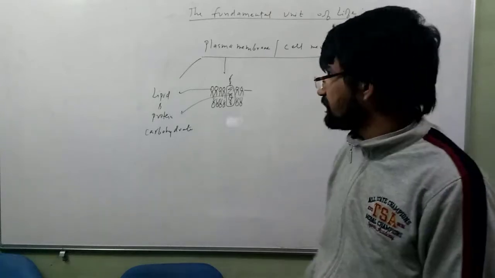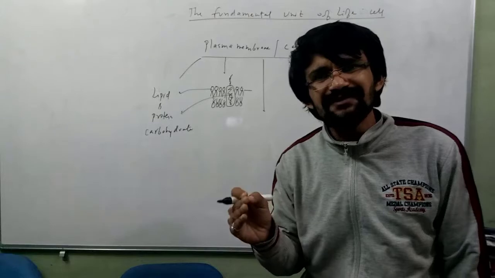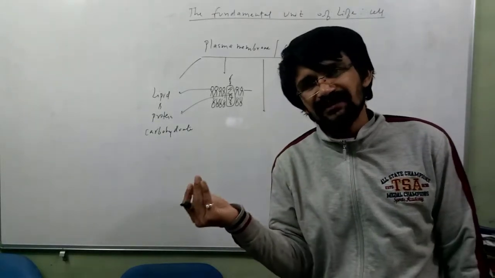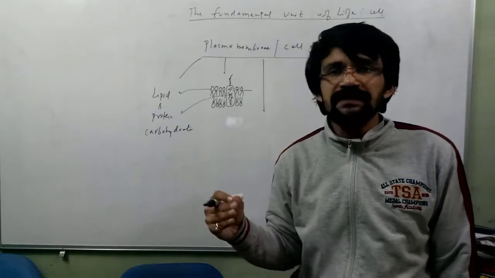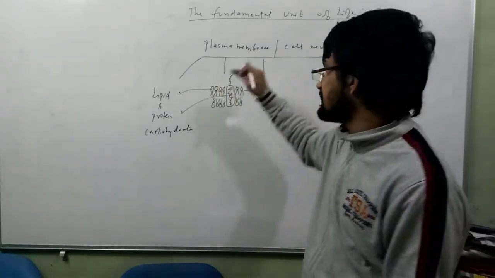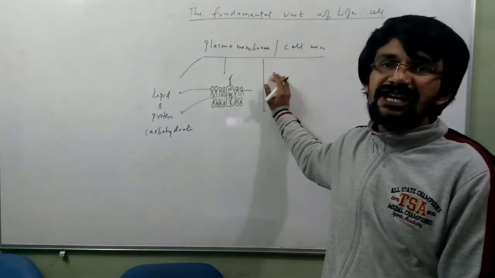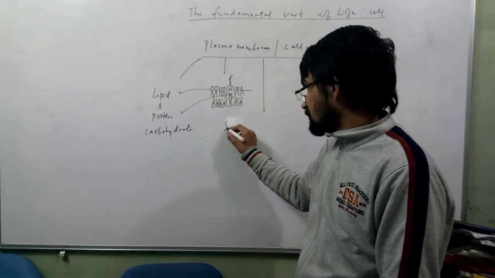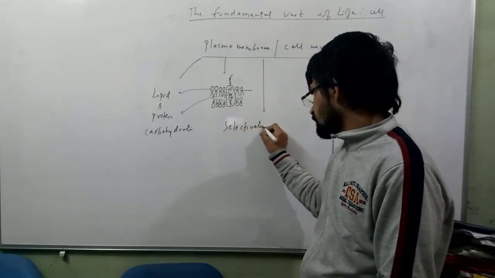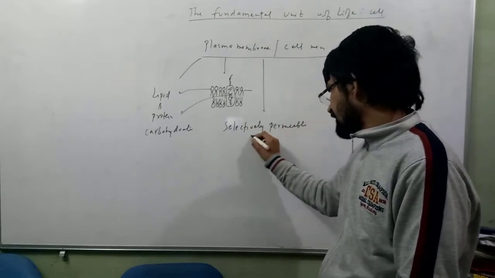The next very important thing is that this allows the entry of certain things in and the exit of certain things out. That means the entry and the exit are closely regulated by this particular plasma membrane. So that's why this is called your selectively permeable membrane.